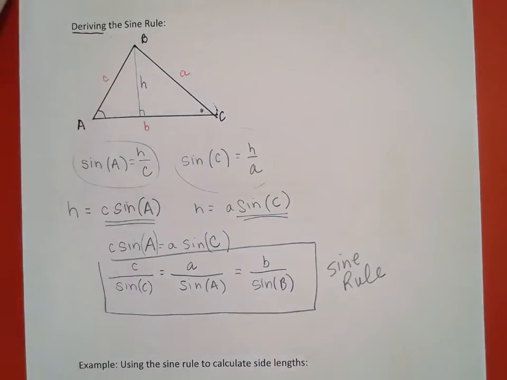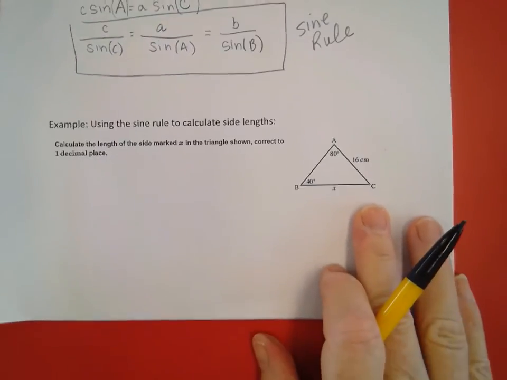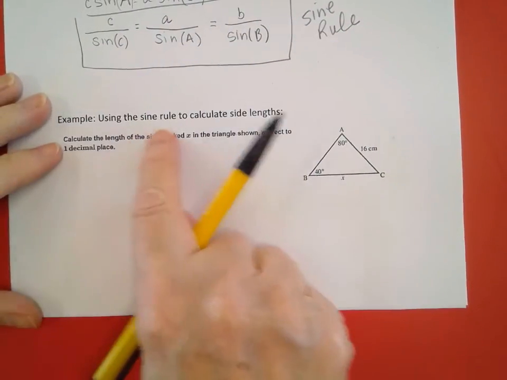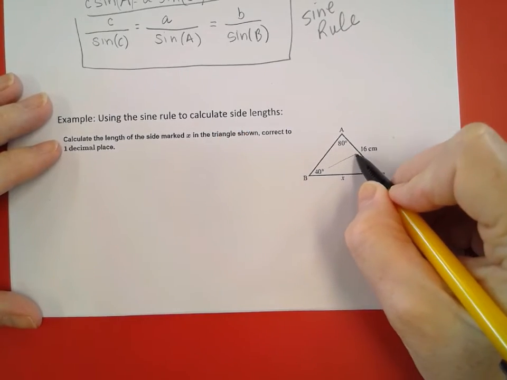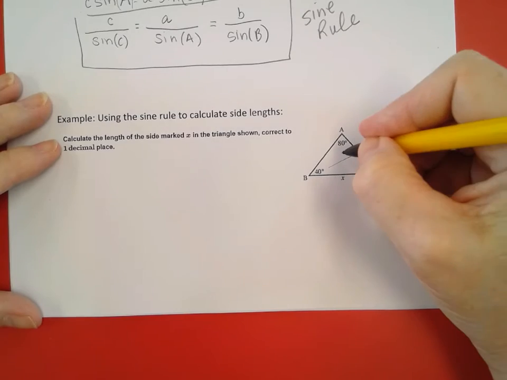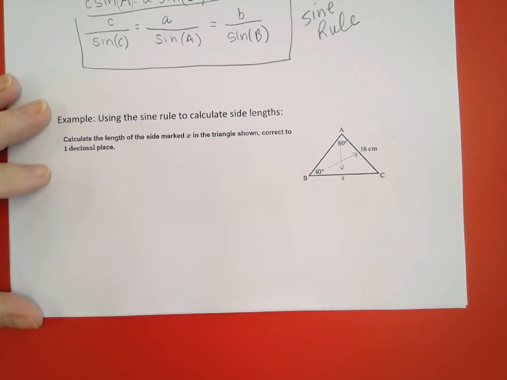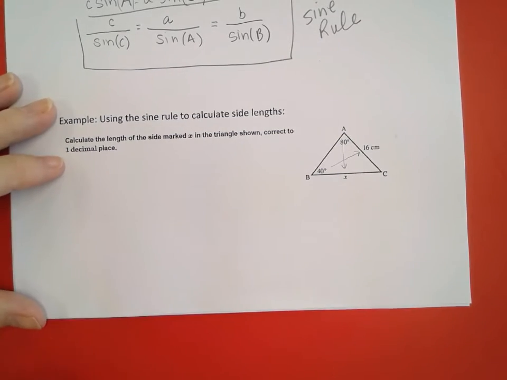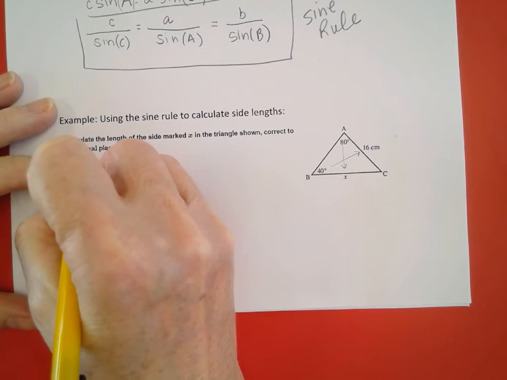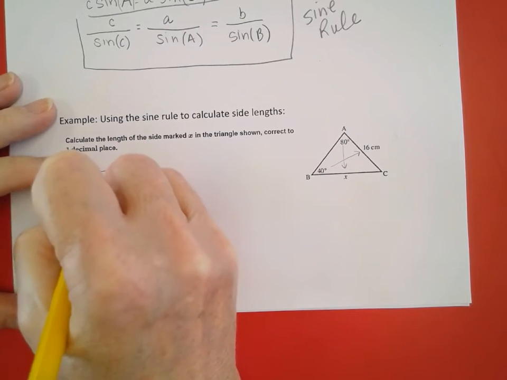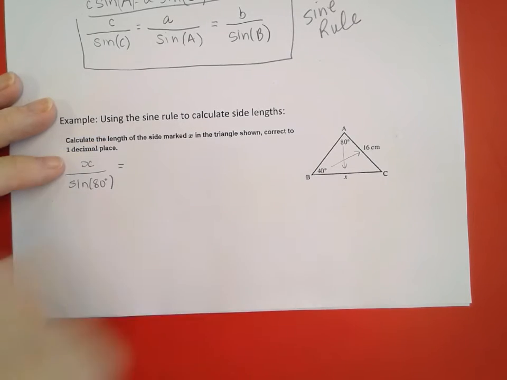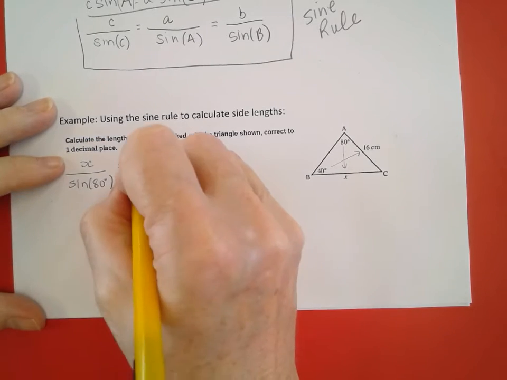Okay, so here we go. Let's do an example of what I might use it for. I'm going to use the sine rule to calculate these lengths. This is the side opposite that angle, and this is the side opposite that angle. When it says go to one decimal place, I'm going to go x over sine 80 degrees equals 16 over sine 40 degrees.